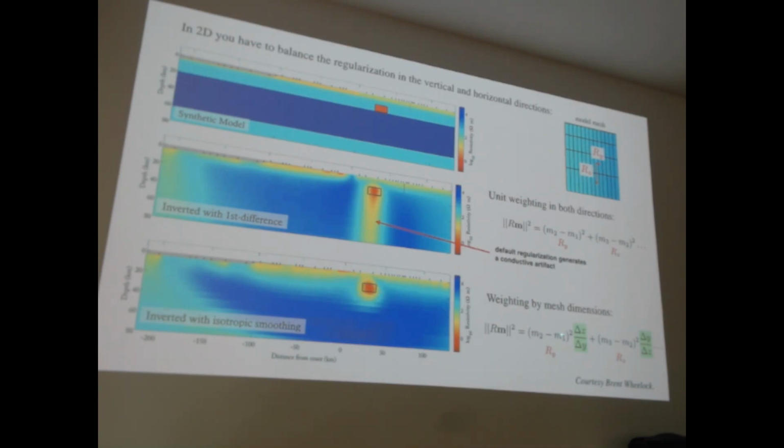You can make it cause the blob by weighting the roughness measure by the size of the parameters. Now this might look sort of obvious, but there was a time when the academic community's favorite inversion code produced this sort of effect by default. The default parameterization for the roughness measure created these things here, and everybody was finding faults.